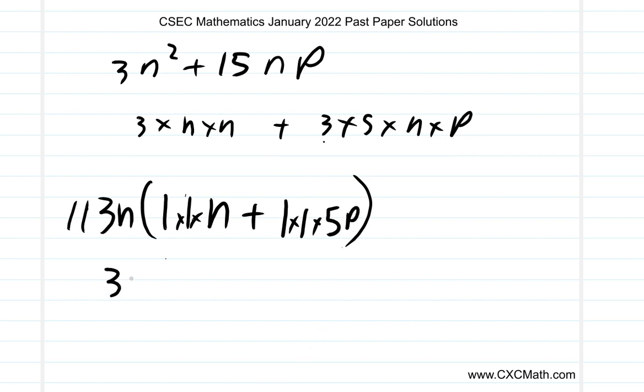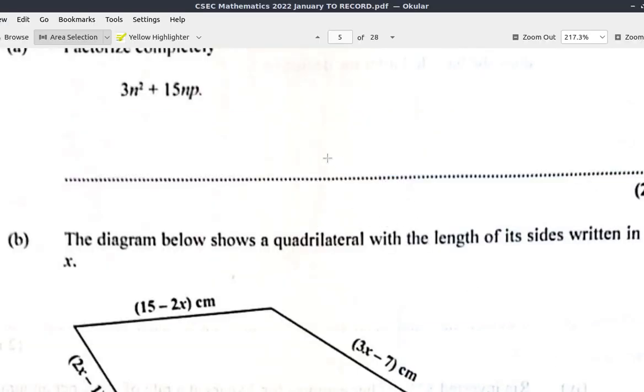So leaving out the ones, it is 3n, n plus 5p that you have there. Right? I don't see anything else that can be factorized, so I'll leave it as 3n, n plus 5p. So it's 3n squared plus 15np, 3n, n plus 5p. That's what I have. Alright?